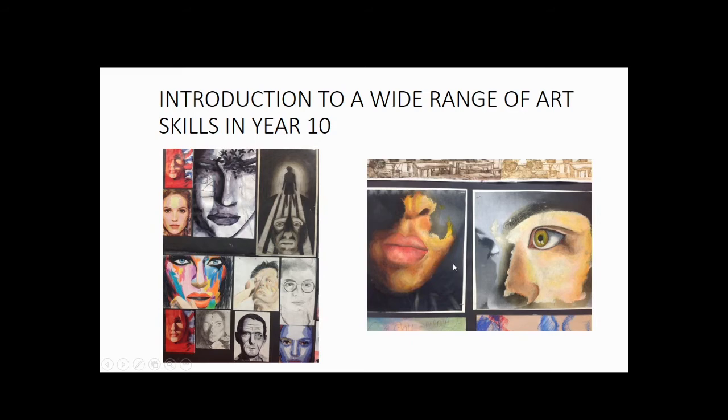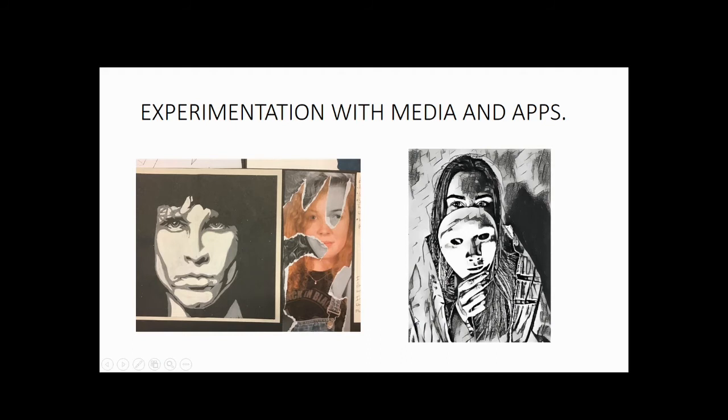These 2 pictures on the right are someone's own self-portrait photographs that she's then painted on top with oils. We ask you to experiment with materials, so here's a good example of collage and painting and pop art. And the image on the right is using their own photographs and developing different compositions and effects using different apps on the system.